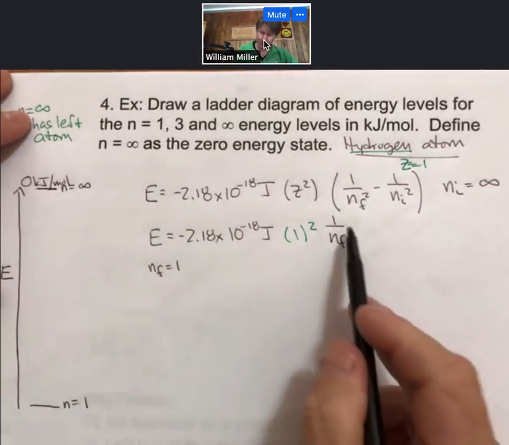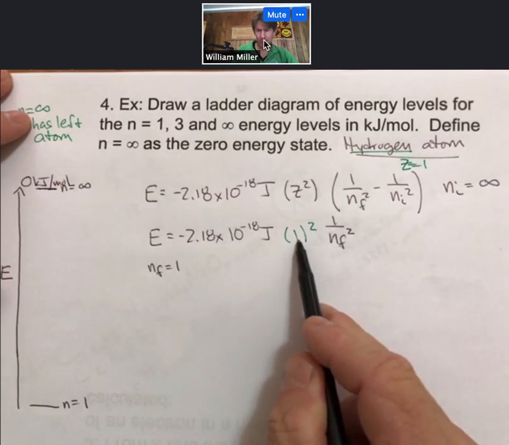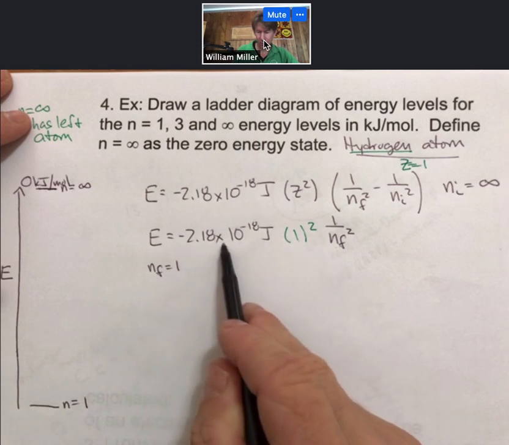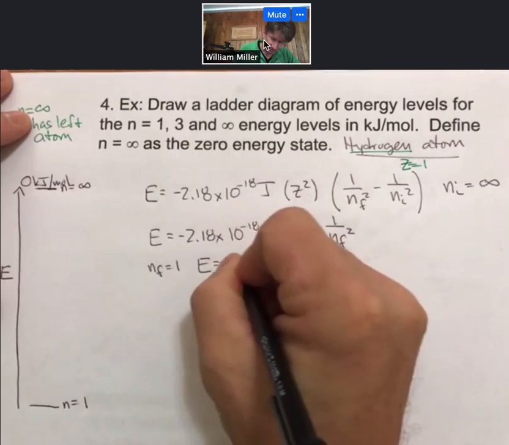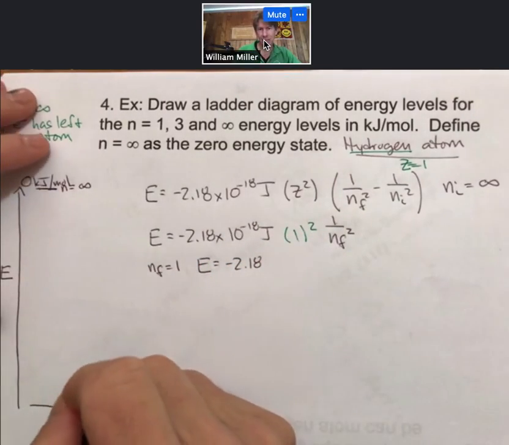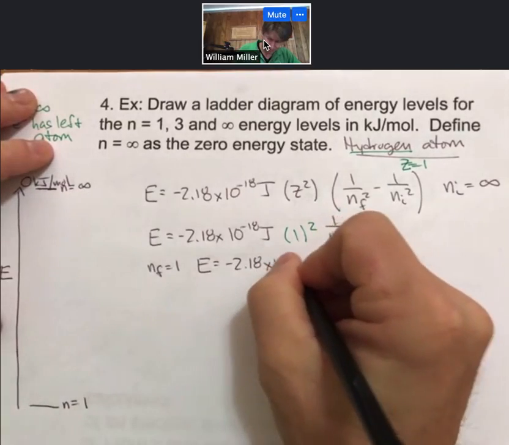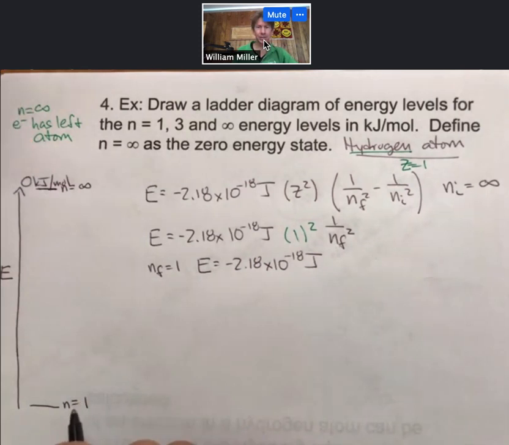For that, it's going to be 1 over 1 squared, which is still just 1, times minus 2.18 times 10 to the minus 18 joules. So the energy is just minus 2.18 times 10 to the minus 18 joules. That is our energy.